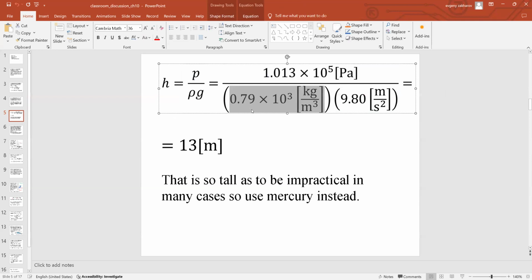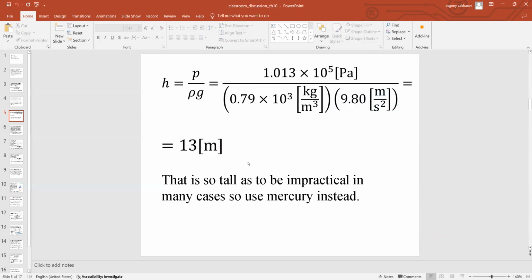You can see it's about 800 kilograms per meters cubed. That's why alcohol will actually float on top of water, or the water would sink and alcohol would go up if it's not mixed as a cocktail. And g is 9.8. So boom, you get 13 meters, which is like 39 feet.